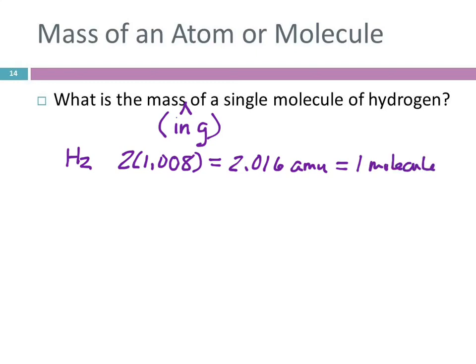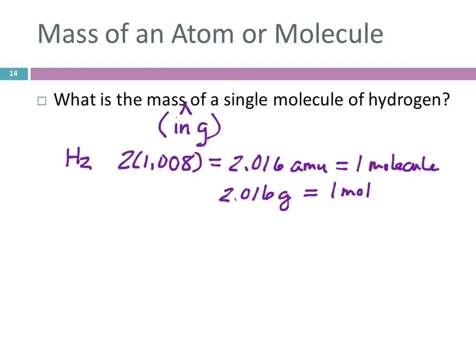See, I wish that had an abbreviation. What else does this number tell us? What if we did that in grams? That would equal what? 1 mole. But they're asking us for a single molecule. I'm going to do this question a slightly different than what your textbook does.